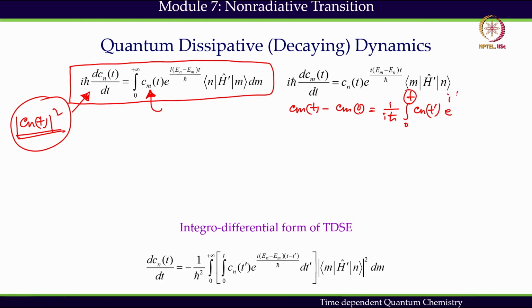And e to the power i (Em minus En)t dash by h cut, then this Hmn, integration dt dash. So this is the integration I have. And we know this Cm(0), by the initial condition, I have assumed that no population was present in the final state. So this is going to be 0. So this part is gone, and I have this Cm(t) expression like this.